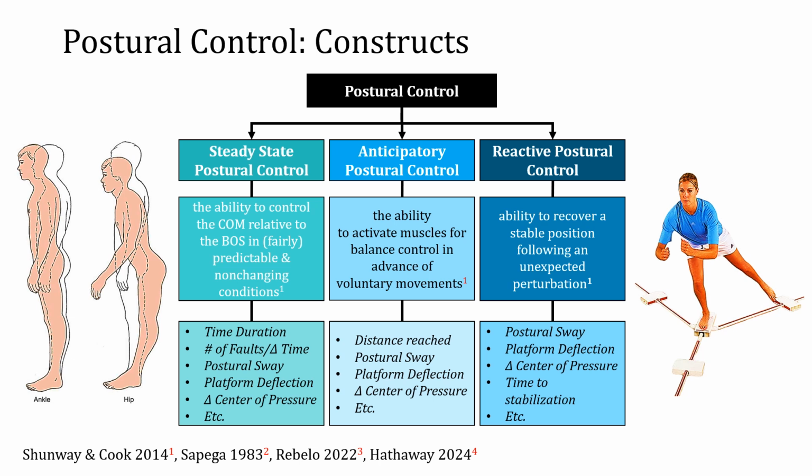The difference here is that you also can incorporate time to stabilization. And so we'll look at these three different subsections of postural control, and the different abilities within each, and break it down into more of a level format, and also consider what types of tools and assessments would be appropriate for each.